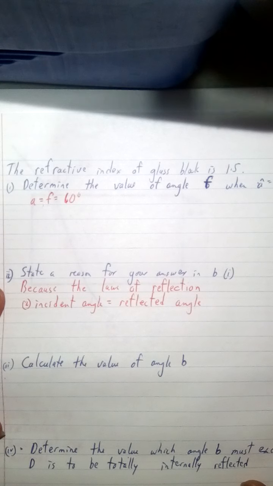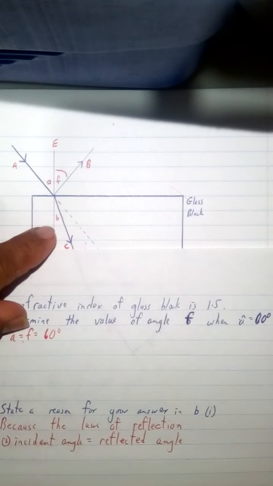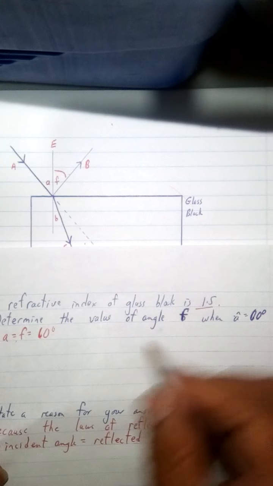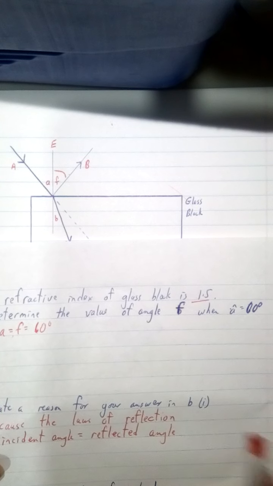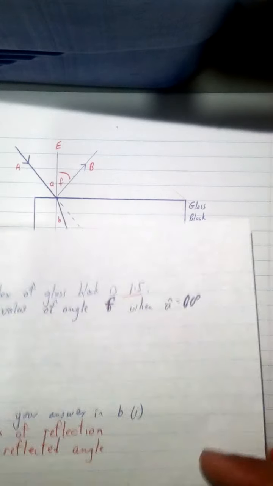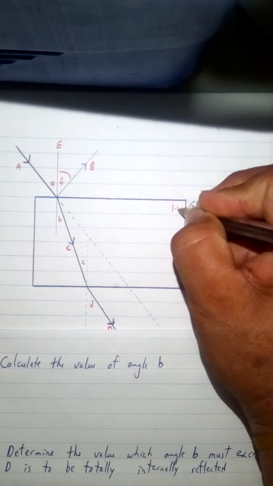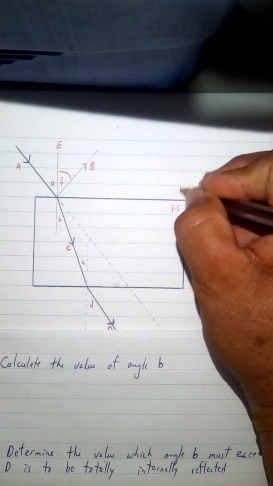Calculate the value of B now. So what's the value of this angle here? Well, according to Snell's law, we take note that they have told us the refractive index of the glass block. Once you've been given something like that, my advice, label your diagram. So I'm going to put here glass block to be 1.5, air is 1.